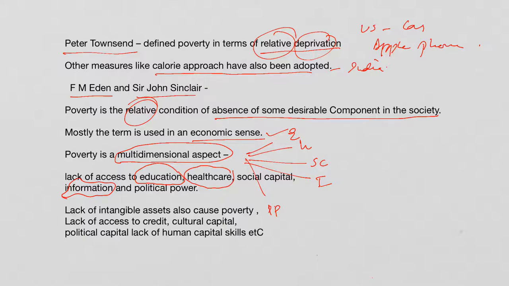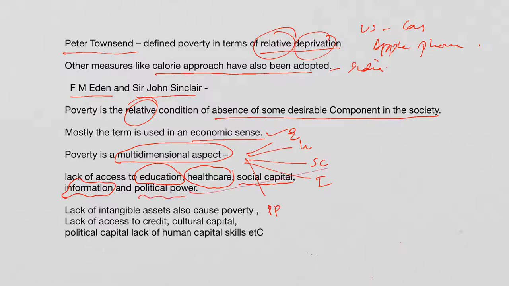And if you don't have social capital, social capital means the contacts or the interconnection with people. Suppose a person is having good social capital, things will be done so quickly because he has a good network of people. So all these things show that if you lack education, healthcare, information, social capital, political power.